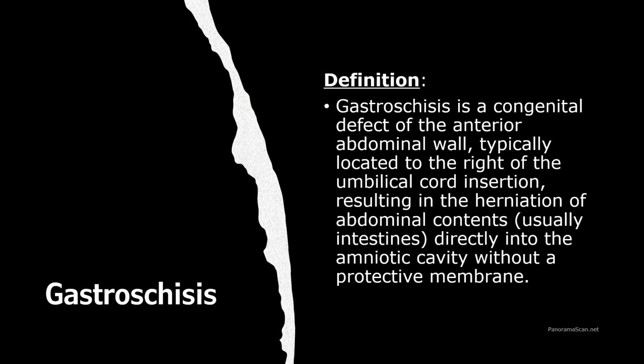Unlike omphalocele, gastroschisis is characterized by the absence of a protective membrane, leaving the herniated organs exposed to the surrounding amniotic fluid, which can cause irritation and other complications. This fundamental difference is crucial for understanding its diagnosis and management. Let's delve deeper into the features and implications of this condition.